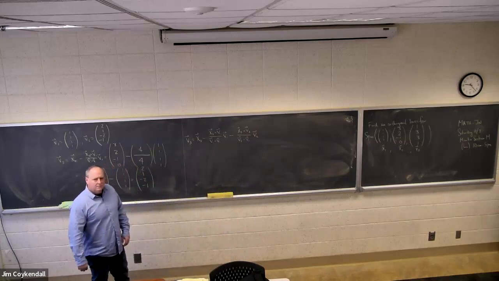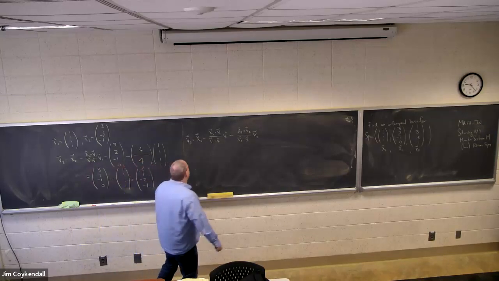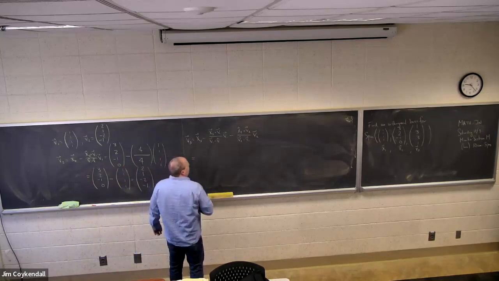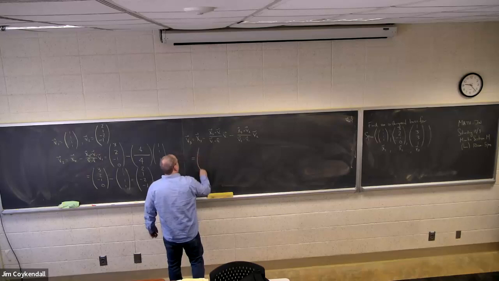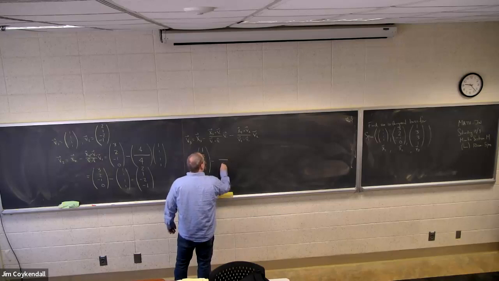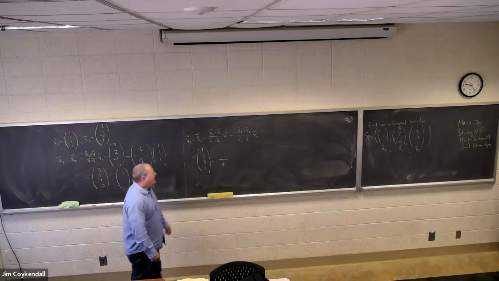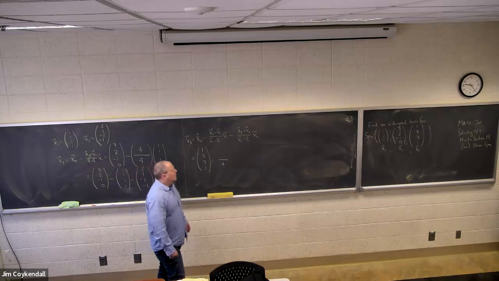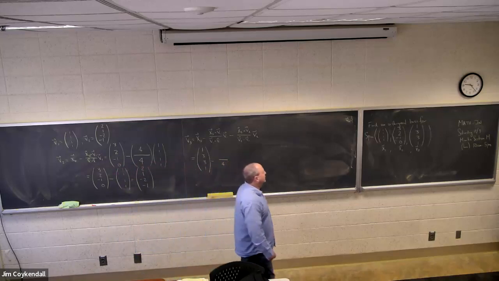Right? So let's see what shakes out here. X3 is 1, 3, 3, 1, minus, okay. V1 dot V1 is 4. I already did that. What is V1 dot X3?